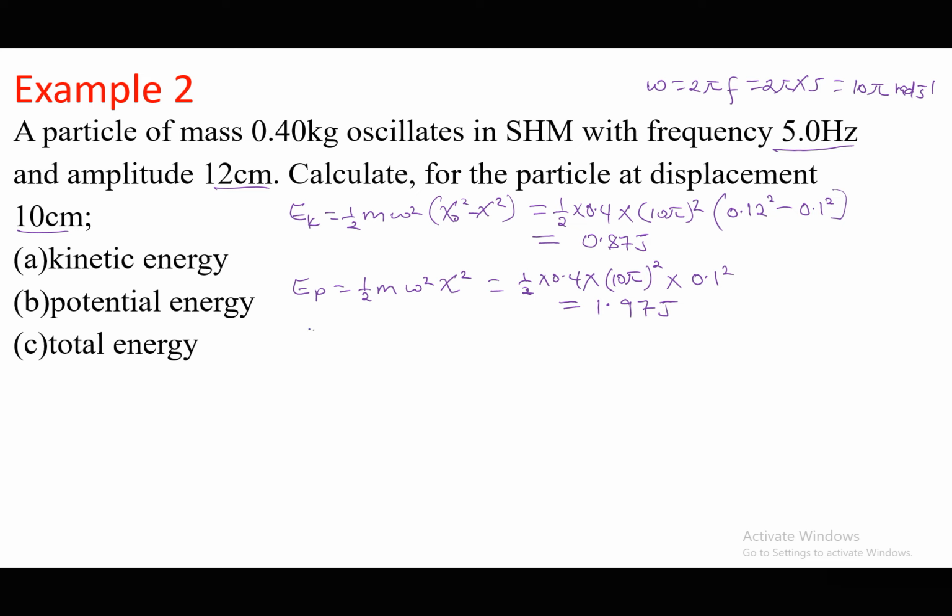So I can predict that total energy, or I can write E total like that, is going to be the sum of kinetic plus the sum of potential, which will be 0.87 plus 1.97, which is going to be equal to 2.84 joules.